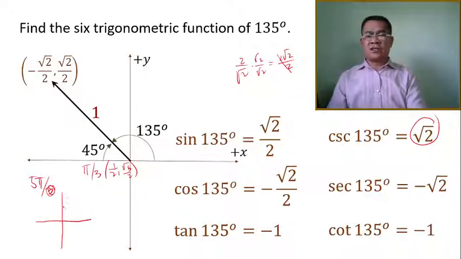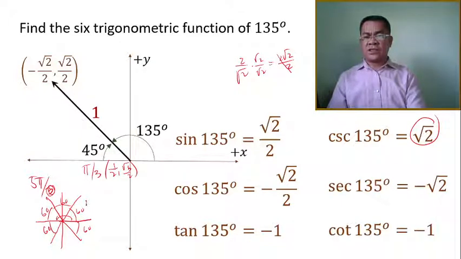In this case, take note that if you divide the 180 degrees, or the pi, into 3, this must be 60 degrees. This is also 60 degrees. Then if you divide another 180 degrees, this is 60 degrees, and this is 60 degrees also.